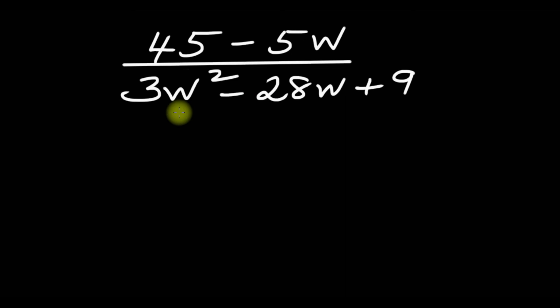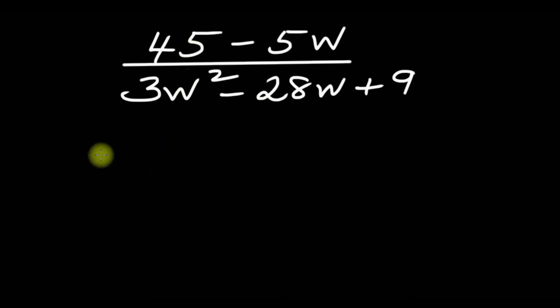So this expression, as you can see, there is no monomial, so you don't have to worry about that. Up top, you have a binomial, and then your denominator is a trinomial. So what we're going to do here is we're going to factor everything that can be factored, and then we are going to eliminate the common binomial factors. So for the numerator, you can pull the 5 out.